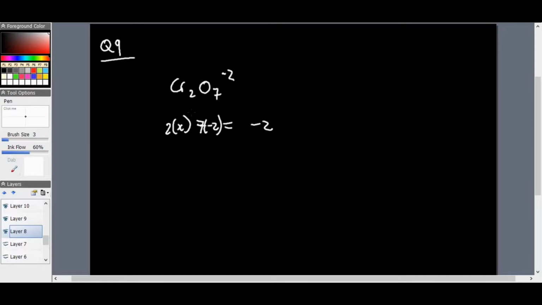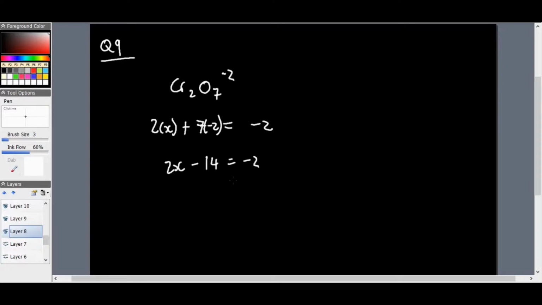There must be a plus sign in the middle here, let me write this properly. 2 times x plus minus 14, so let's write minus 14 is equal to minus 2.